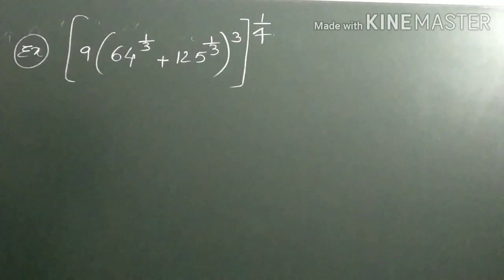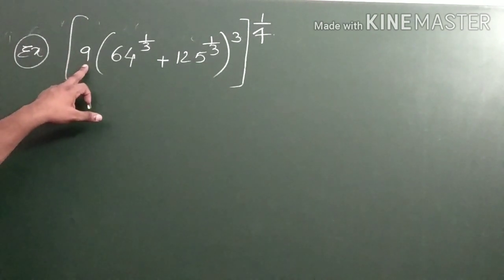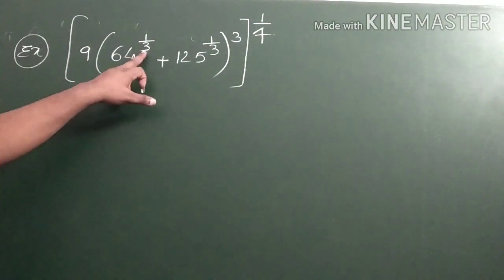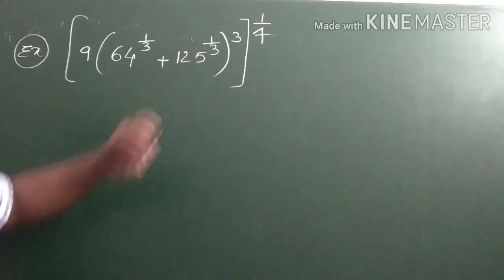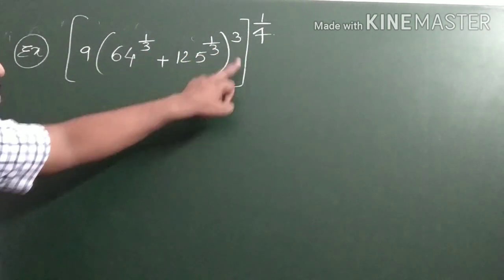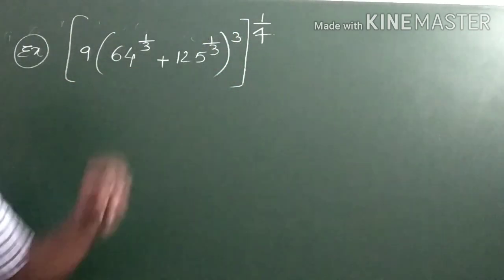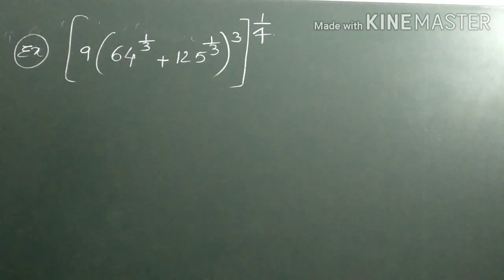Okay, here is one more example. 9 into (64)^(1/3) + (125^(1/3))^3, whole to the power of 1/4. Now, how to solve?